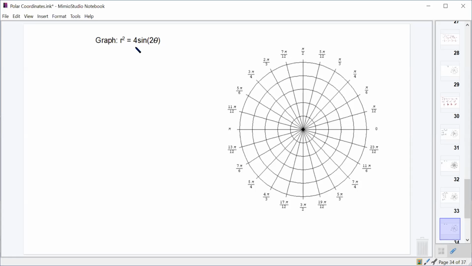Let's plot a couple of points this time, actually. So let's plug in theta equals 0 and see what happens. If you plug in theta equals 0, what do you get? What does r equal? 0, exactly. So we're sitting there at the pole, right? Let's say we plug in theta equals pi over 12.